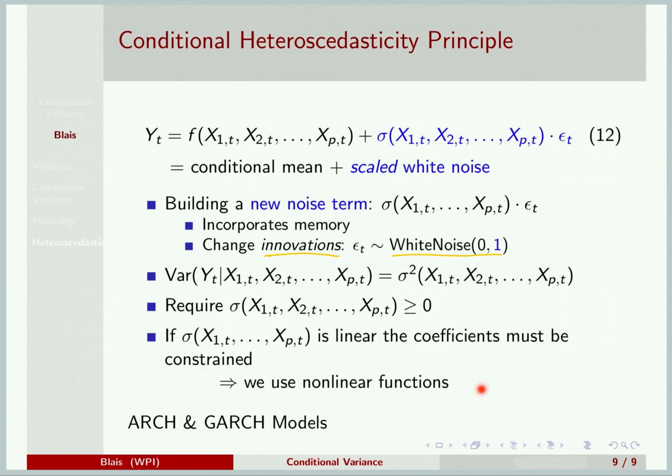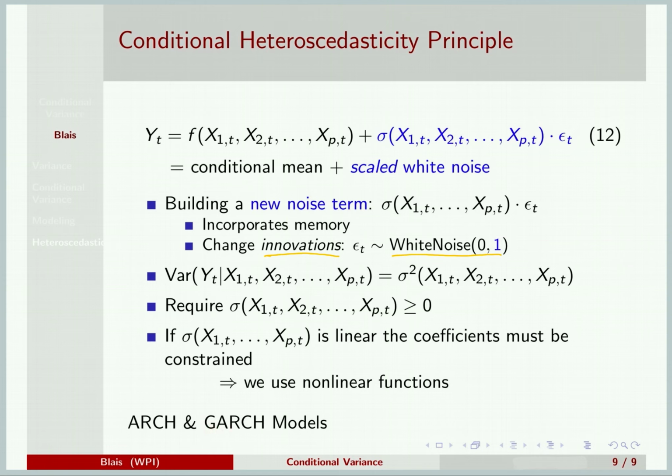So the solution is to use nonlinear functions for this sigma. That will take us to what are called ARCH and GARCH models. The H stands for heteroscedasticity, the C for conditional, so this is autoregressive conditional heteroscedasticity. And the G is for generalized autoregressive conditional heteroscedasticity models.